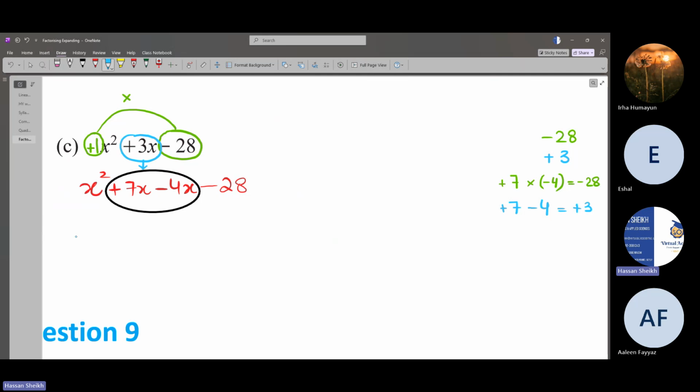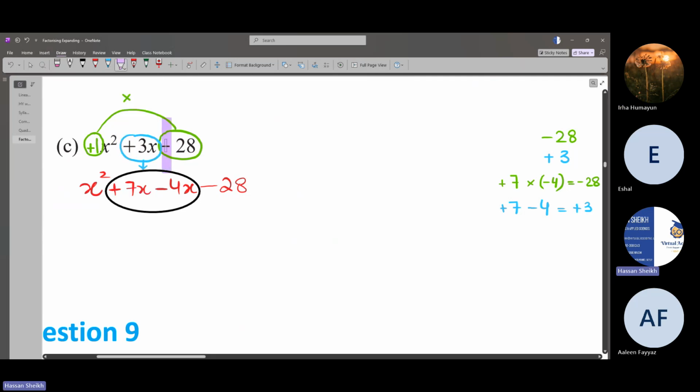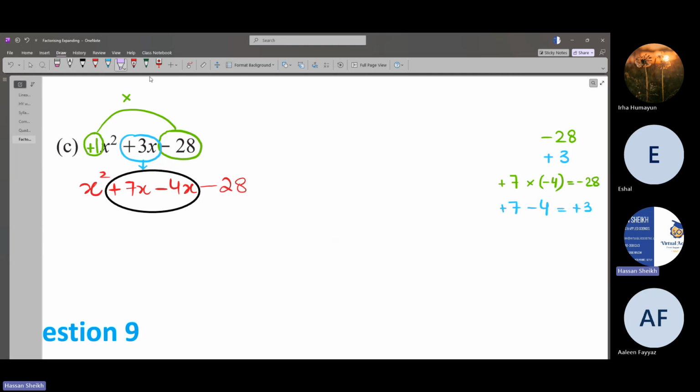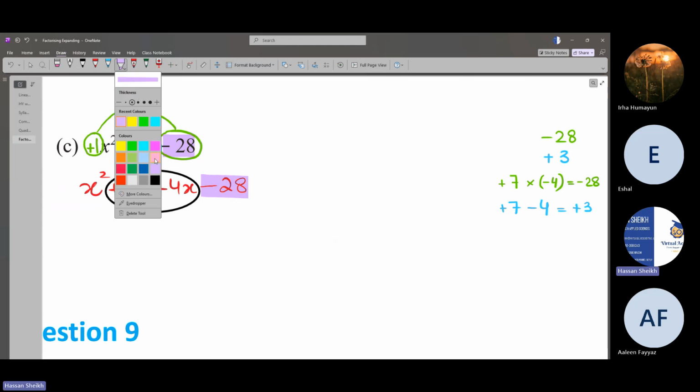Are we breaking the middle term? Yes, we are breaking the middle term, and it is obviously seen here. Why? Look, because minus 28 is as it is and x square is as it is.